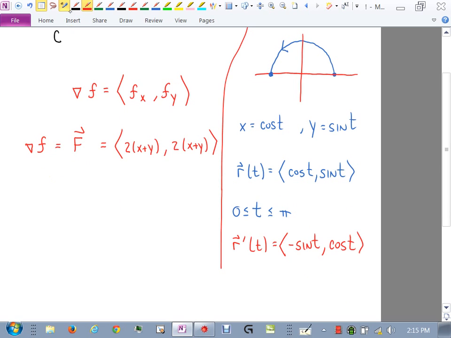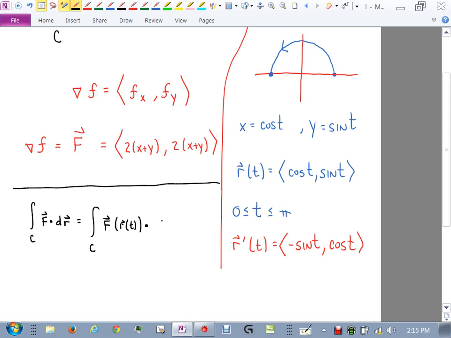All right, I'm ready to get this work computed. We're doing the integral over c of F dot dr. We said that's equal to the integral of F of r of t dotted with r prime t dt.